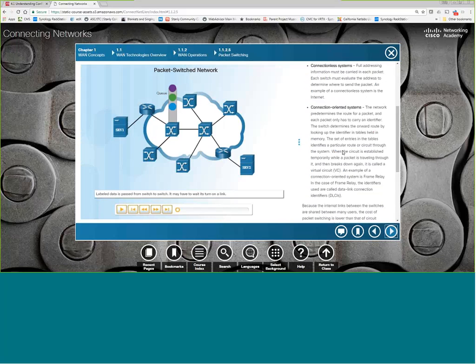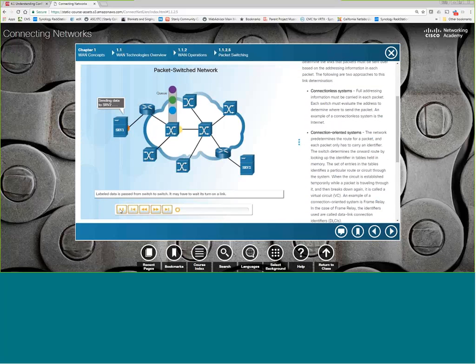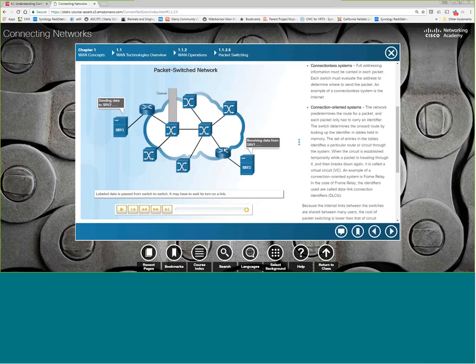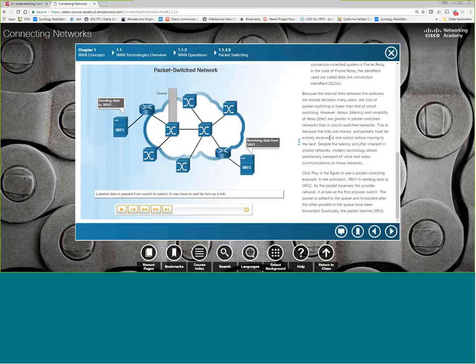This is our more common system now, a packet switched network, where we take things, we segment it, we throw it out into the cloud, and then it finds its way through using different switching and routing methods, more switching than routing. But this type of method here is better because, first off, you don't have to maintain a dedicated circuit. You can have a virtual circuit. But you also don't have to always use the same path. The circuits can be built and rebuilt depending upon what is available and what's the fastest path.